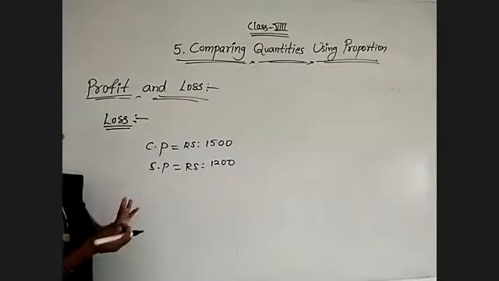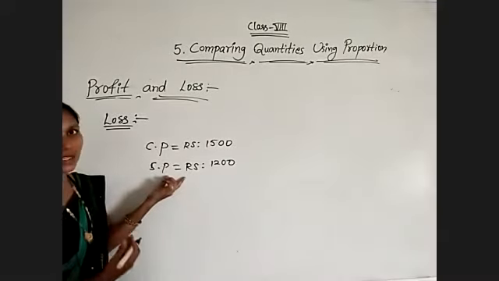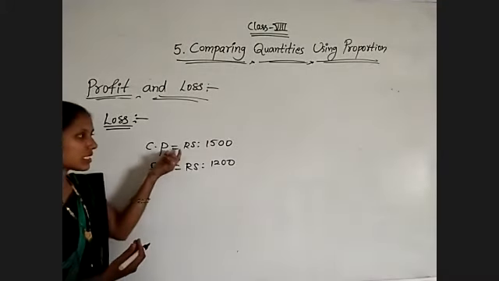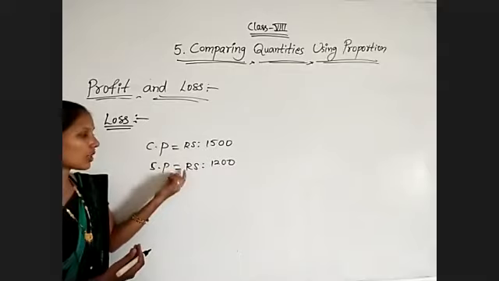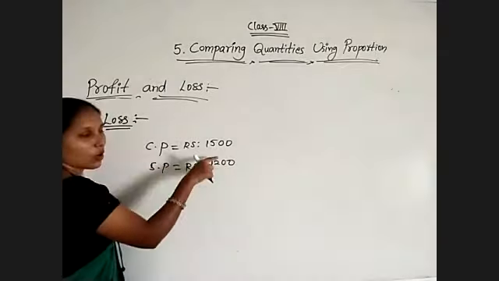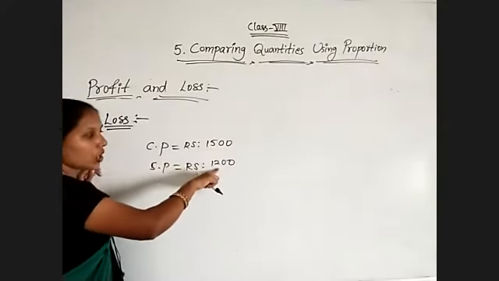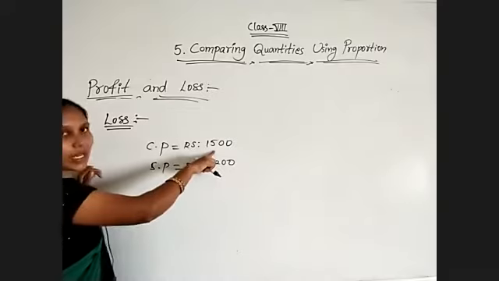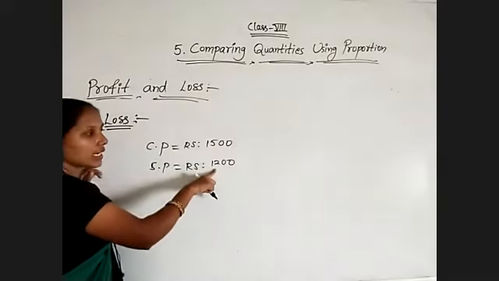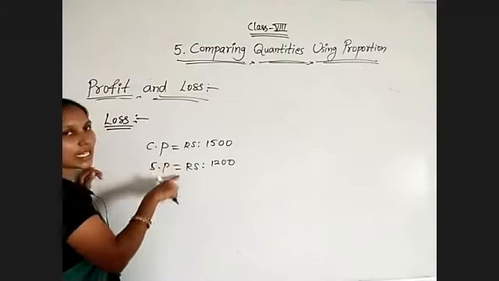Now observe, whatever amount I spend is more than whatever I am receiving. This value CP is more than SP. I'm getting less amount. I spent 1500, but I got only 1200. So when CP is more than SP, we are getting a loss.